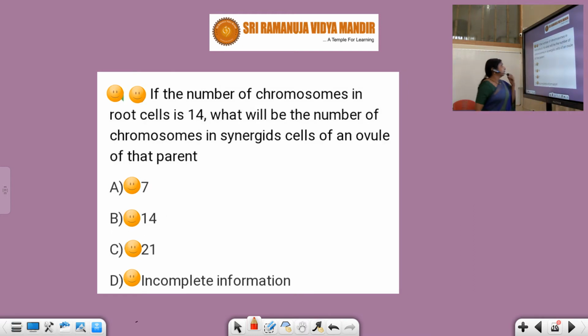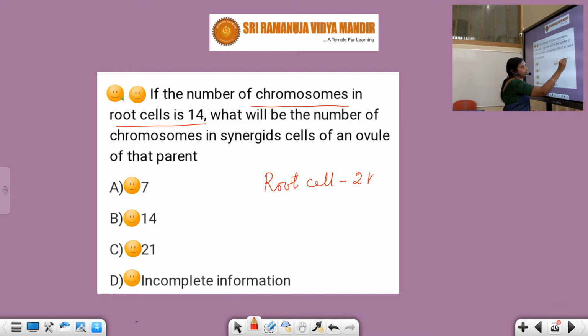Very easy. If the number of chromosomes in the root cells is 14, what is it telling here? That in the root cell 14 chromosomes are there. That means root cells are diploid.